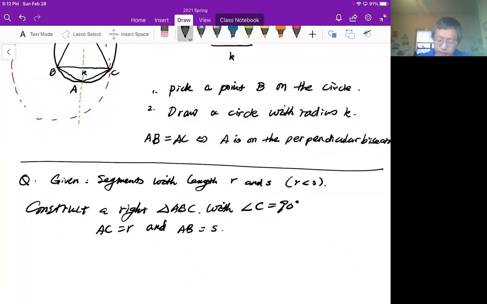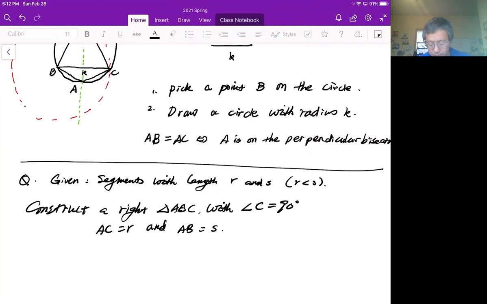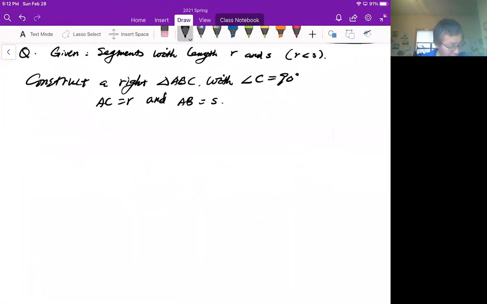Okay, so let's try to understand the question. Suppose R is here and S is here. The two segments R and S are given.